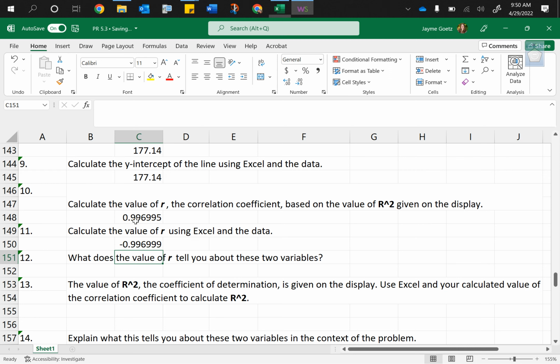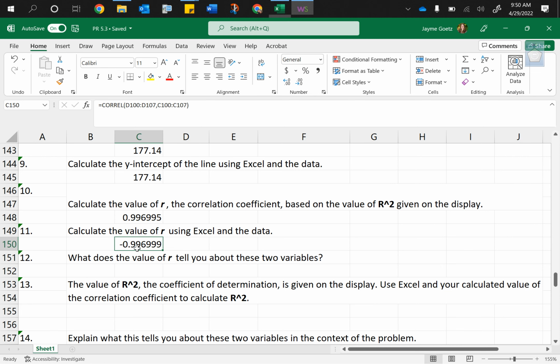On number 10, first of all, 0.996995, and number 11, 0.996999. This second one, when we calculate it using the data, is going to be a little more accurate. So depending on how many decimal places you want to round it to, one might be better than the other. If they're saying round it to 3 or 4 decimal places, it's okay, it doesn't matter which method you use. But what else do we notice that's different here?